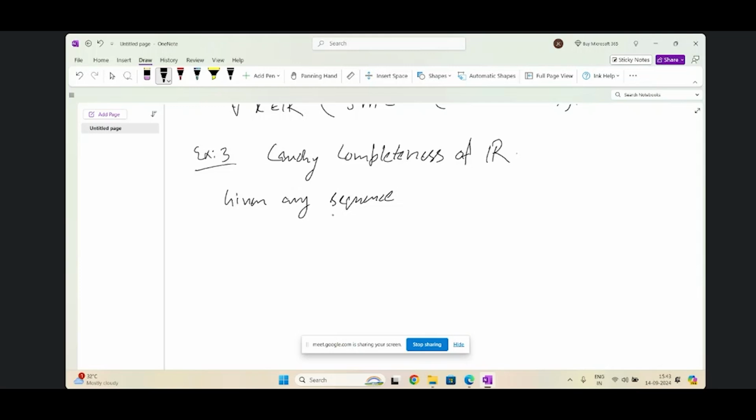So what does Cauchy completeness of R say? Given any sequence an in R, it is said to be Cauchy if and only if it is convergent.